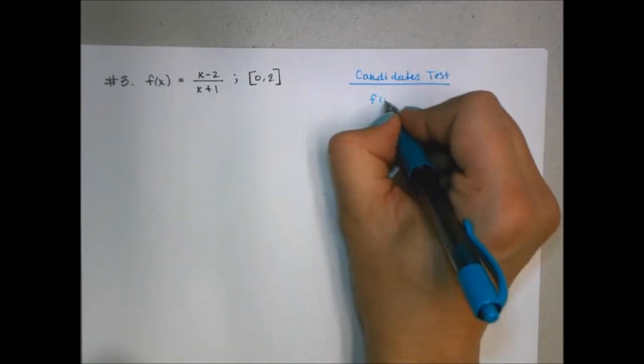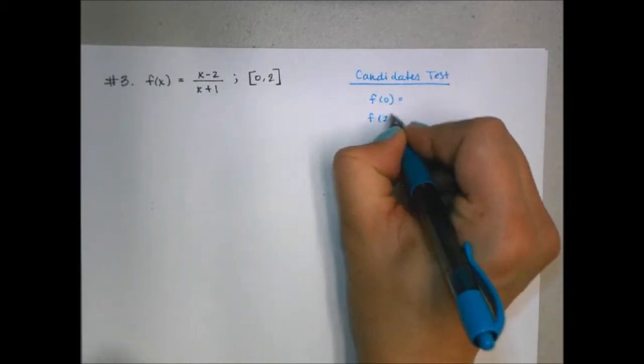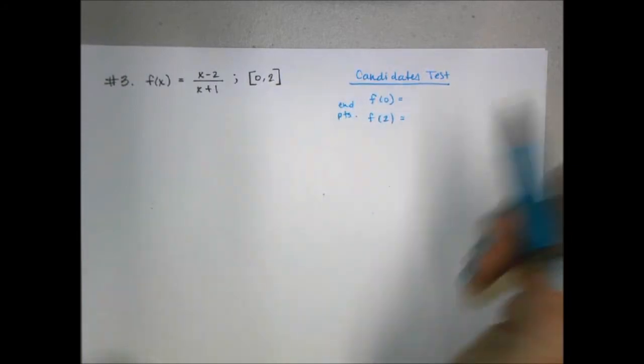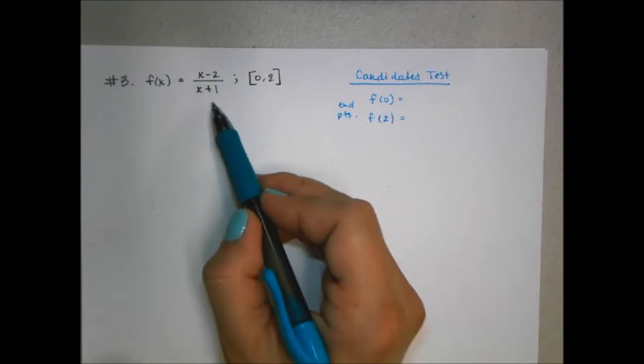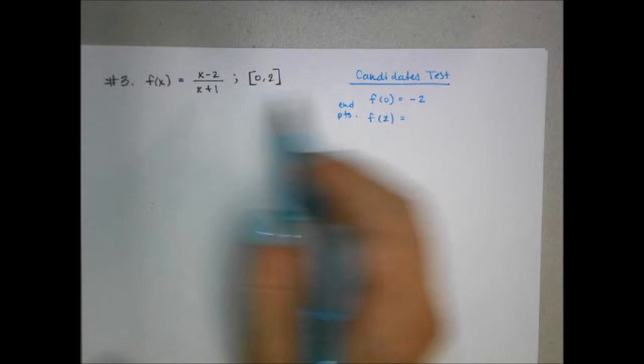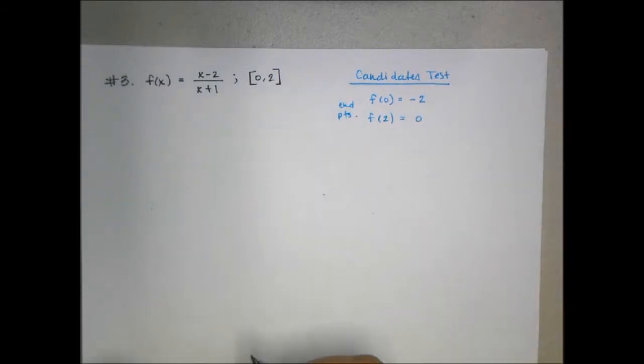So f of 0 and f of 2, so endpoint. So f of 0, we get negative 2 over 1, which is negative 2. F of 2, we get 0 over 3, which is 0.